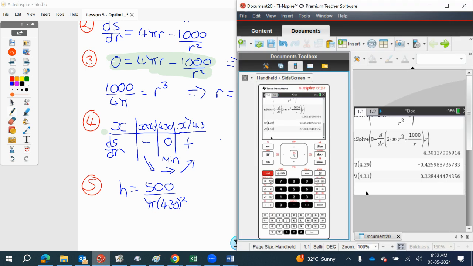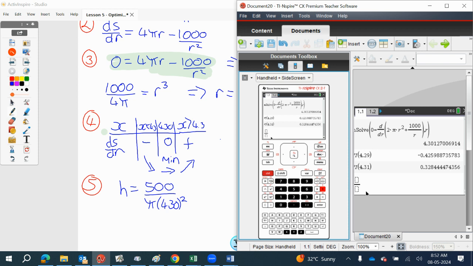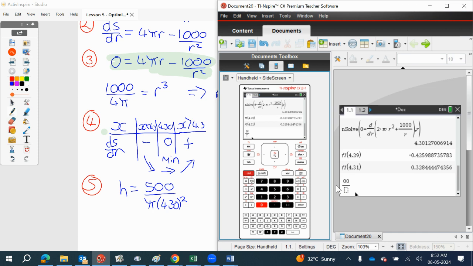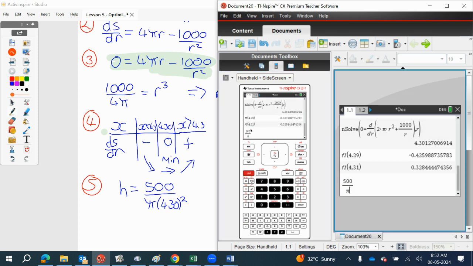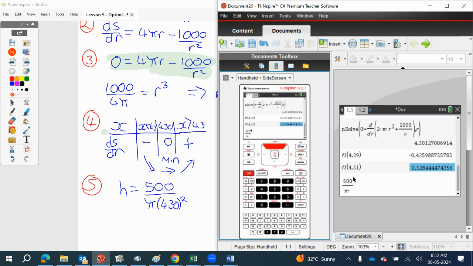So with the calculator, I have to do my quotient, 500 over pi times that number squared. That's the exact value.